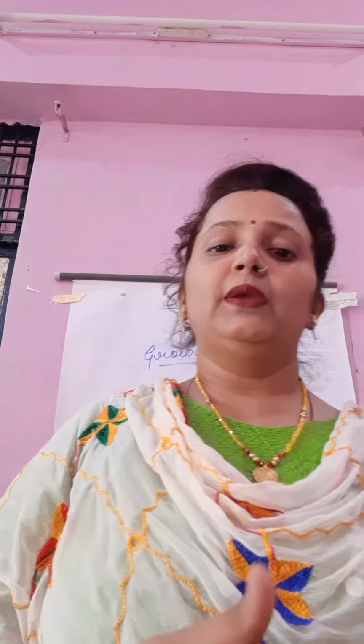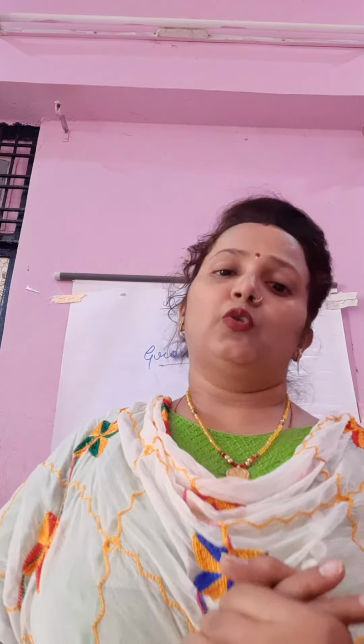When the crop is in the field, farmers also use a scarecrow. A scarecrow is something people use to scare away birds and animals. When birds and animals see the scarecrow, they think someone is standing in the field, so they do not come and do not harm the crops.